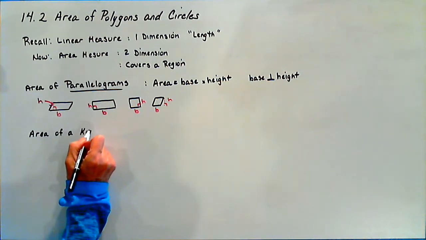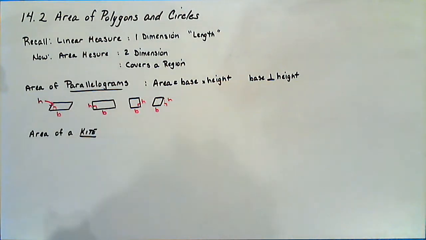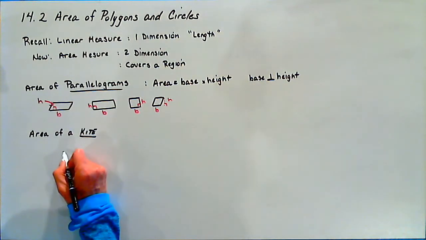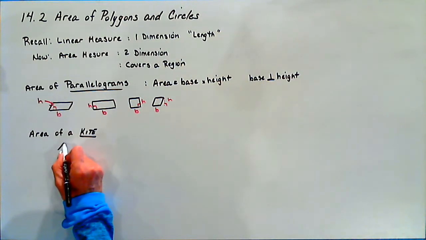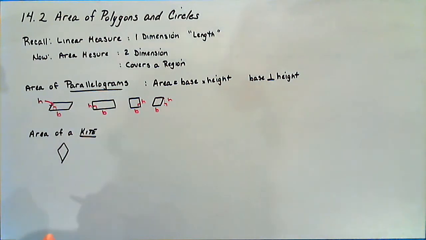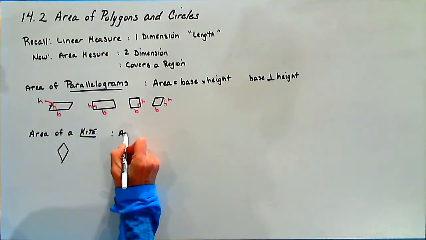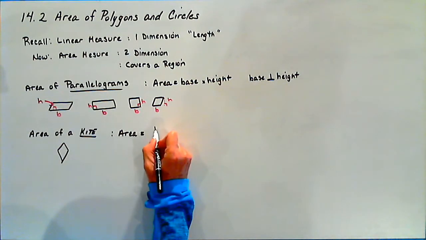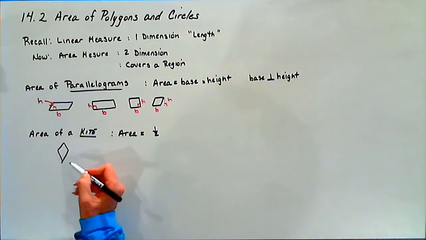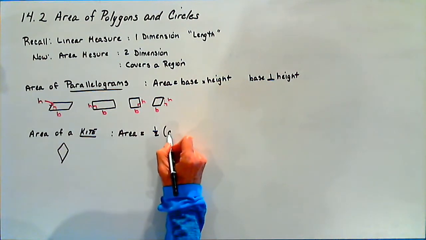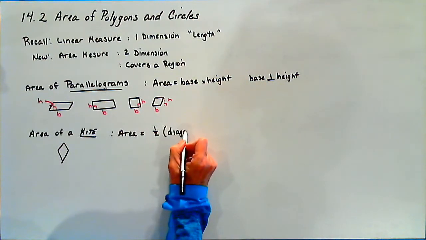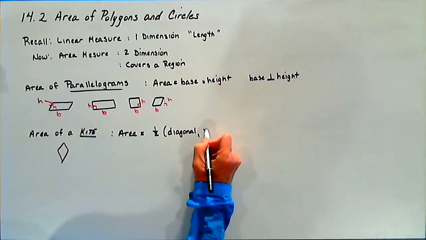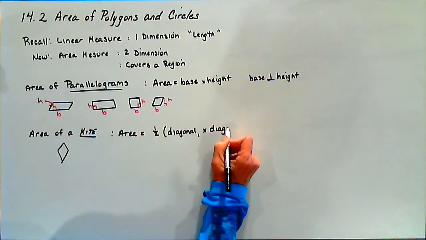And you have that information on what a kite looks like from a previous chapter, but a kite has this sort of shape to it, and the area of a kite is 1/2, because it does look as if you have a couple of triangles in there, diagonal 1 (subscript) times diagonal 2.